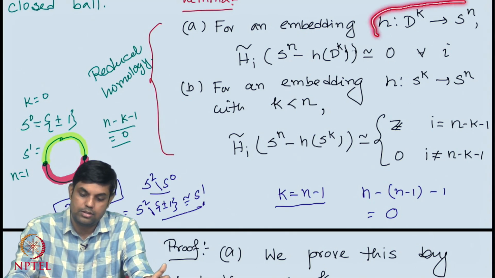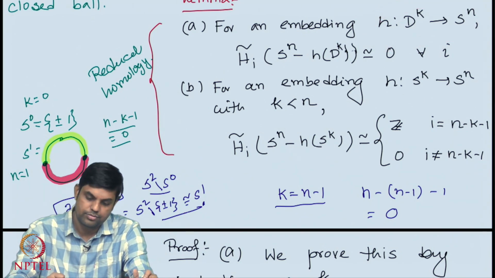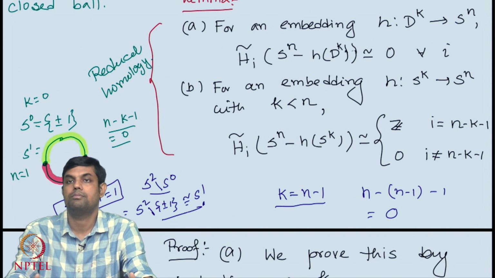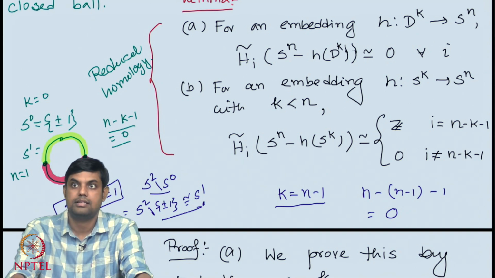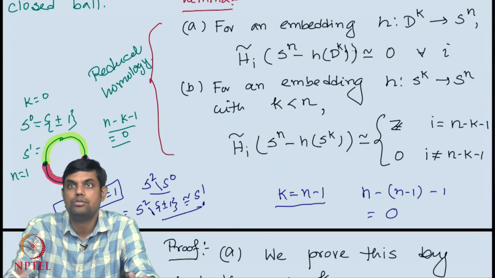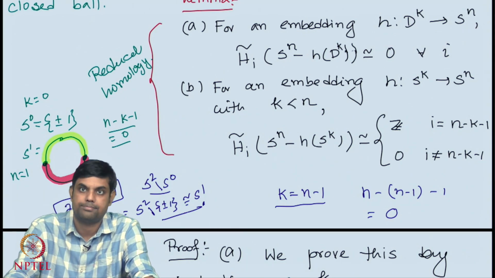The sphere statement has a restriction on k and n, while the disk statement has no restriction on k and n. So in particular, if I look at a high dimensional disk embedded inside S^n, the same thing would be true, although we know from invariance of domain that we cannot do that.